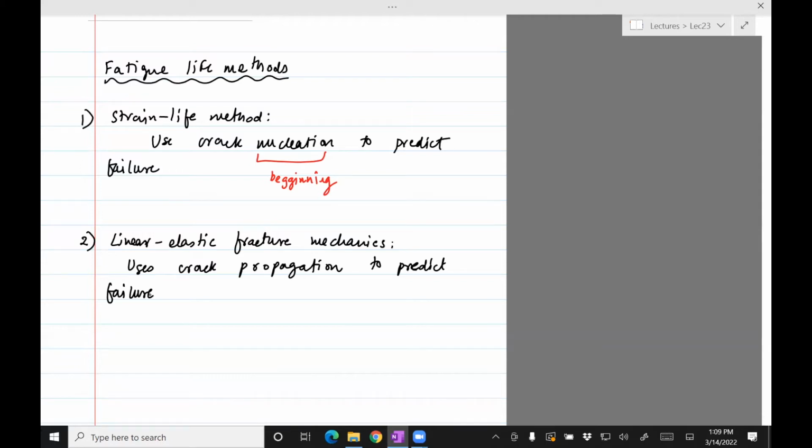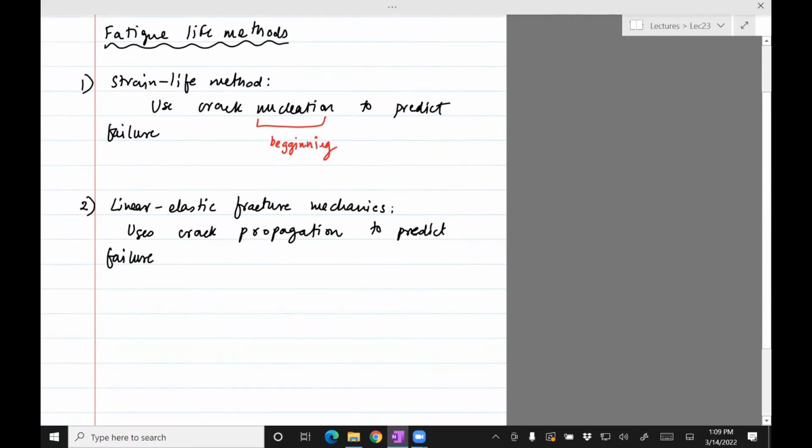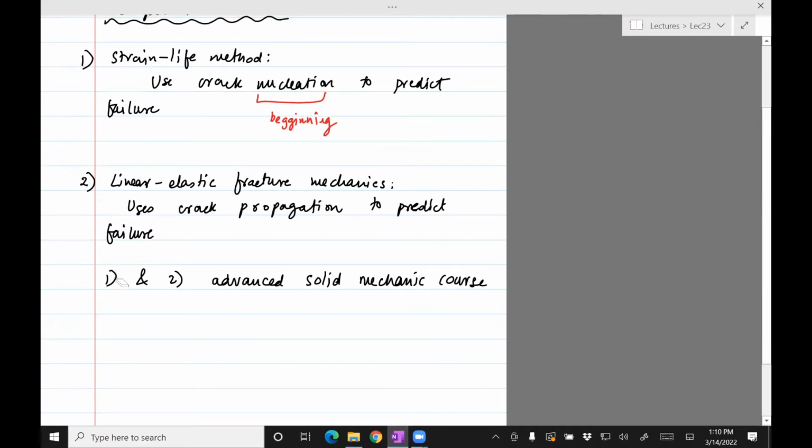Based on that crack propagation, you're able to predict failure. Both these 1 and 2, you can cover in an advanced solid mechanics course. What we'll do is we'll not do 1 and 2, we'll do 3, which is known as the stress life method.